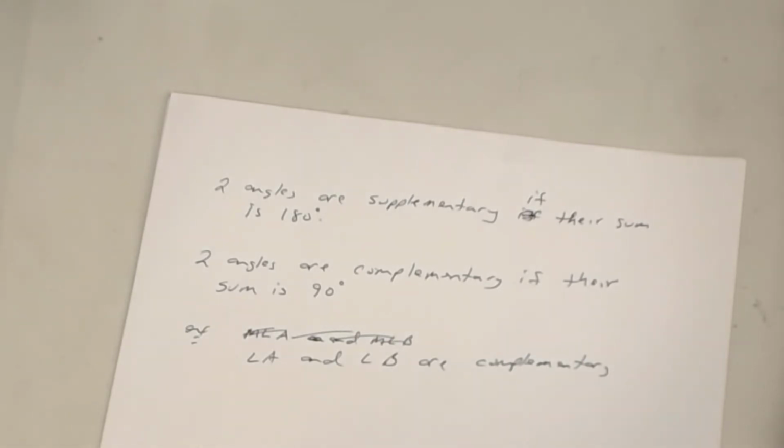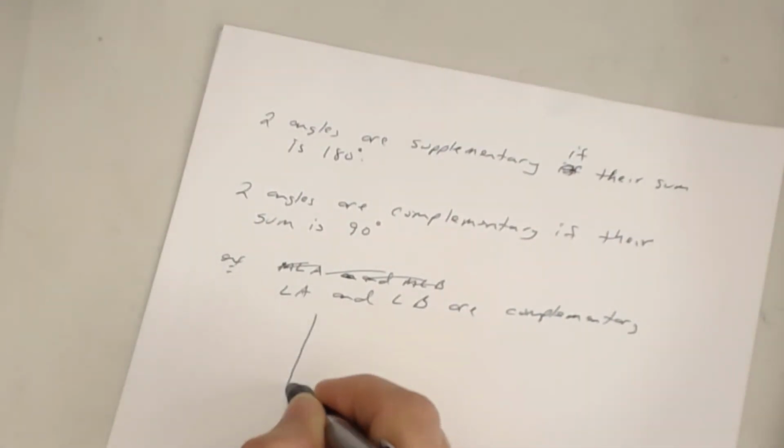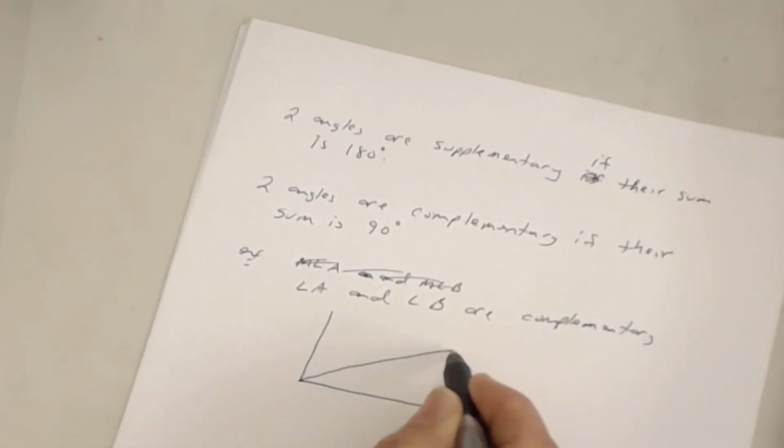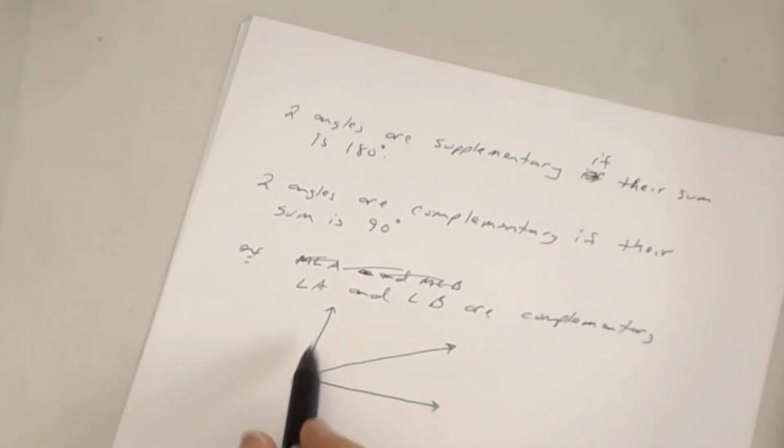All right. Let's suppose that in this diagram right here, now remember in high school, these are represented as rays, R-A-Y-S. Remember, a ray is a segment with an endpoint and one arrow. It's not a line. A line has two arrows. So these are rays.